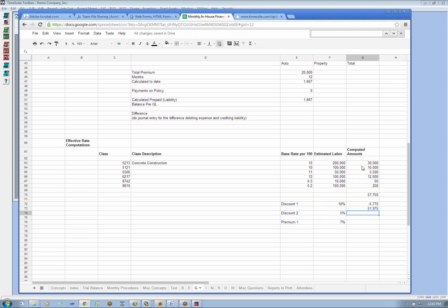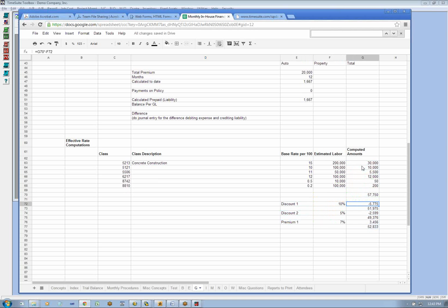We'll usually have some sort of subtotal plus that times that. Okay, so then we're going to have a premium adjustment, so we're going to add.